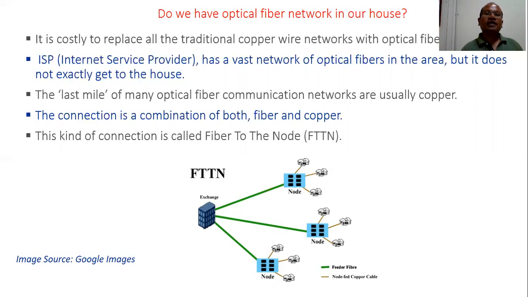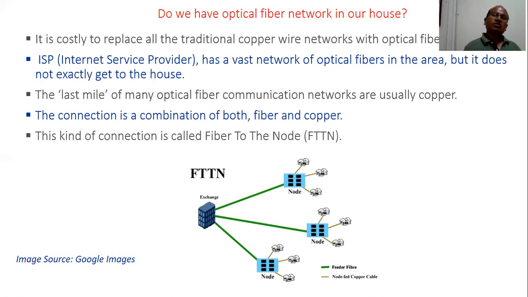And therefore you can look here, the fiber is connected to the node. So there are different nodes in different areas and that node connects to different households. The node is connected to different houses, schools, and colleges. In a college you can have a fiber optic network, and again that is distributed.